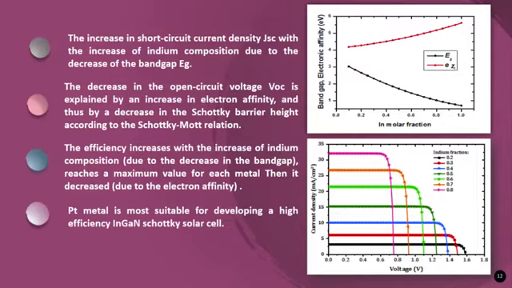The efficiency increases with the increase of indium composition, reaches a maximum value for each metal, then it decreases. Platinum metal is most suitable for developing high efficiency indium gallium nitride Schottky solar cells. This is because it has the highest value of work function.